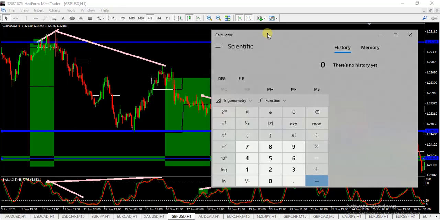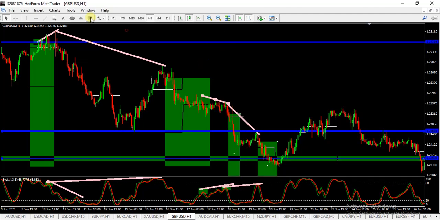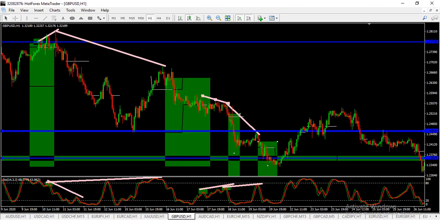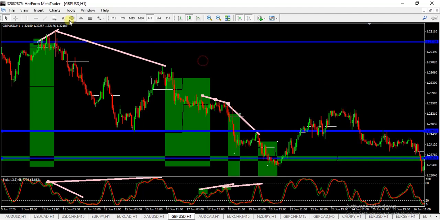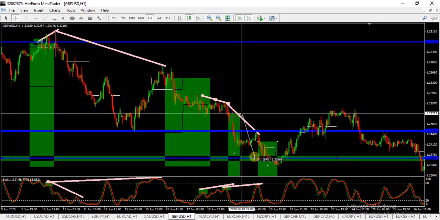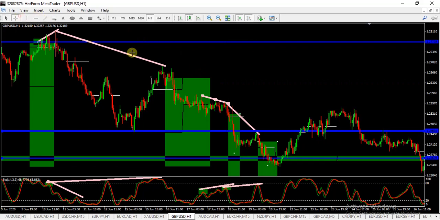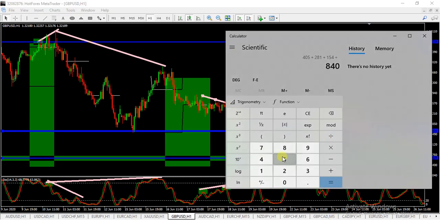So the first trade was 405 pips, plus the second trade gave us from this point of entry till where the take profit is 281 pips, plus now the third entry, we got how many pips from this point of entry? 154 pips. All right, plus 154. Plus the last trade we took was at this point. From the point of entry to the point of take profit, we have 54 pips, plus 54.